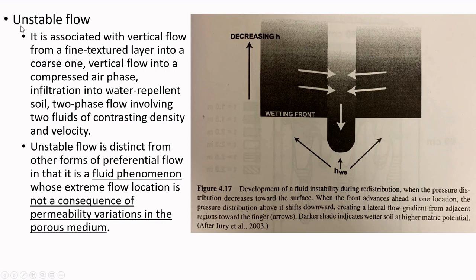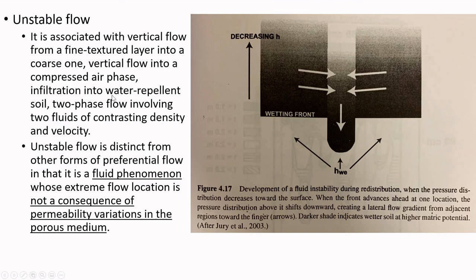Alright, so this is an unstable flow. Unstable flow is associated with vertical flow from a fine texture layer into a coarse layer. So you might have a clay soil on top of a coarse sand. Another one is vertical flow into a compressed air phase. So you might have a vertical flow, but at the bottom you have a soil that has a compressed air phase.